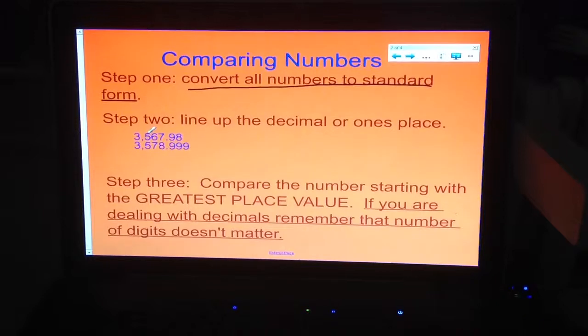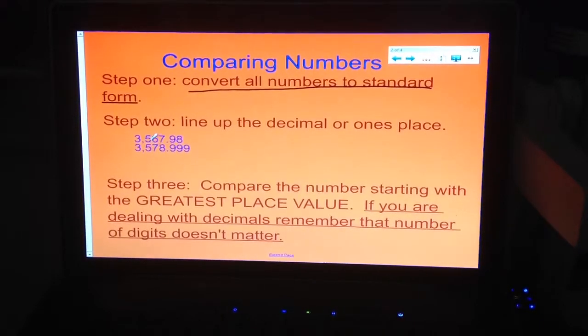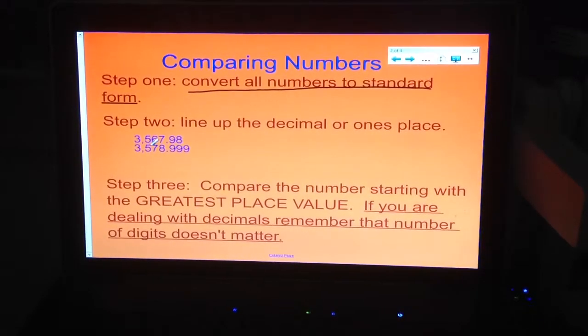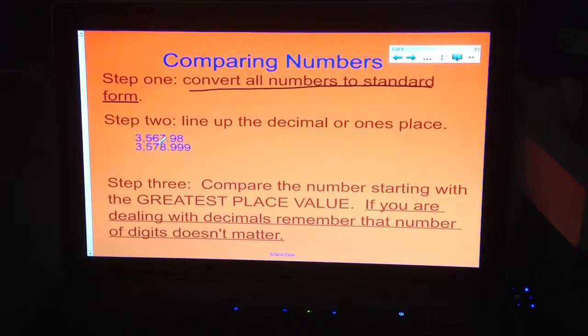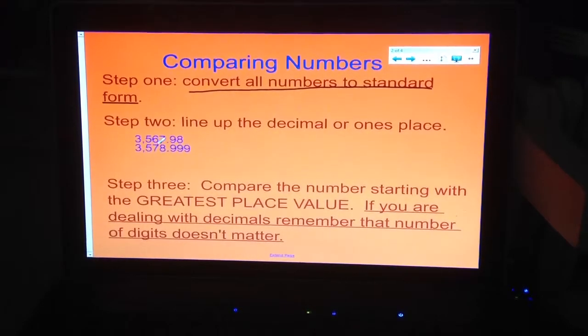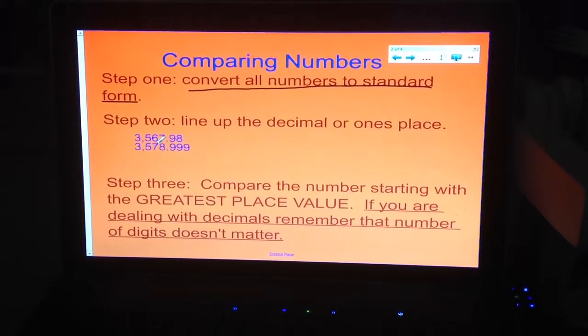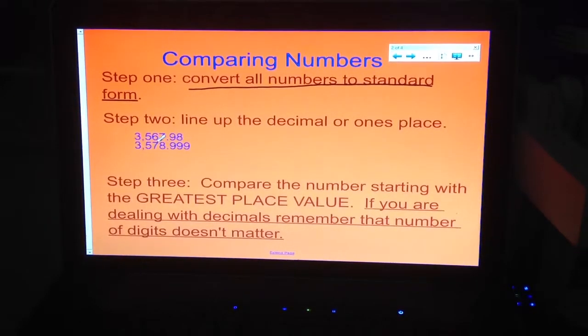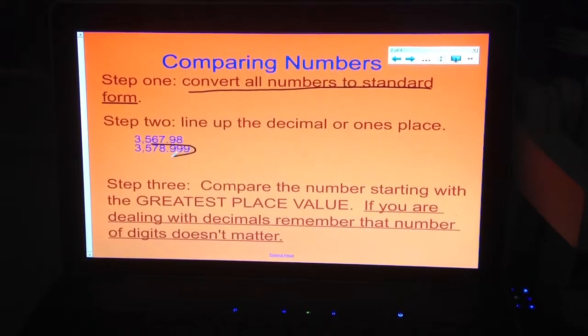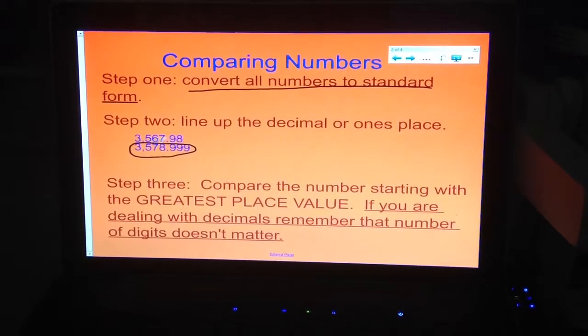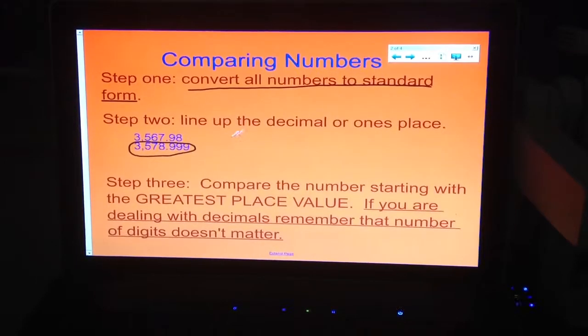The 5 in the hundreds place is the same. I can't determine which one's greater. When I get to the tens place, though, you can see there's a 6 or a 7. The 7 is greater. This one has a greater 10. It has one more 10 than the number above it. So this would be my greater number.